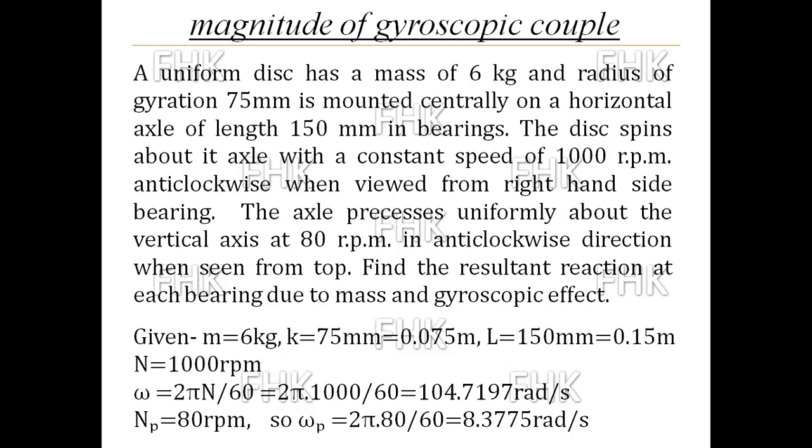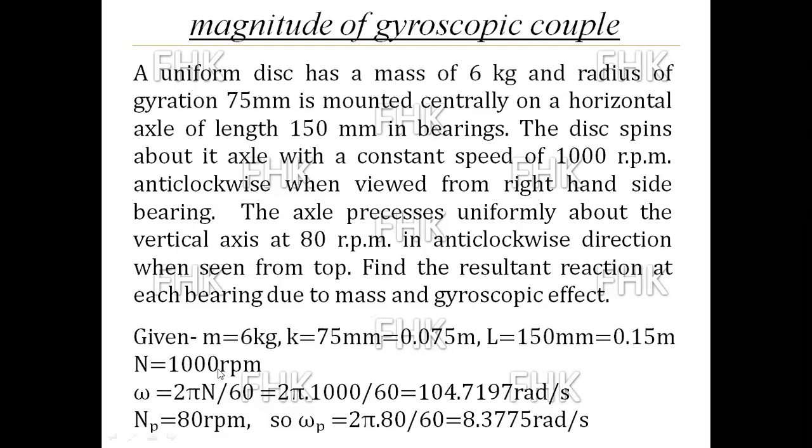The span between two bearings, or the distance between two bearings, is 150 mm. The conversion of 150 mm into meters is 0.15 meter, which I got by dividing 150 by 1000.